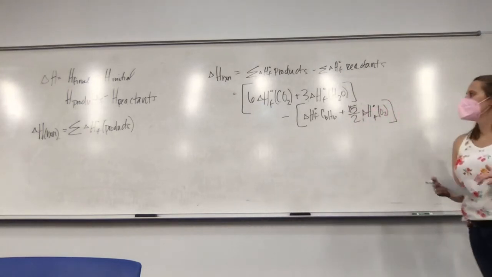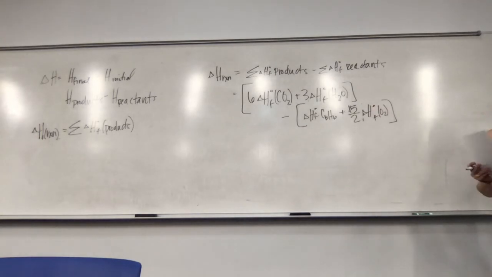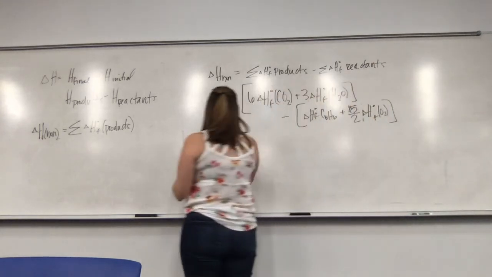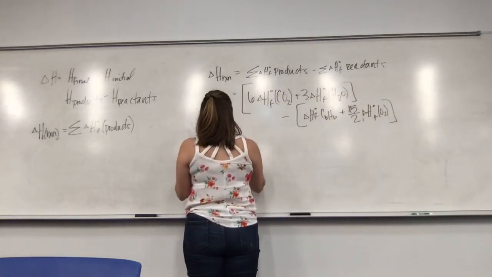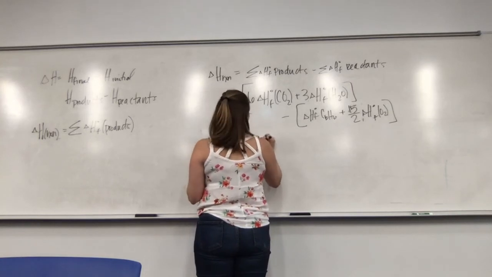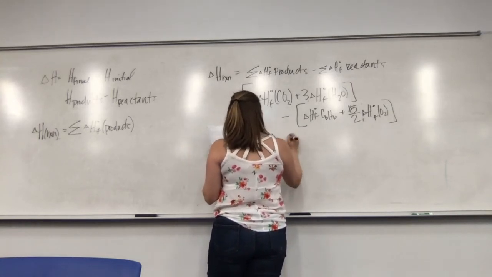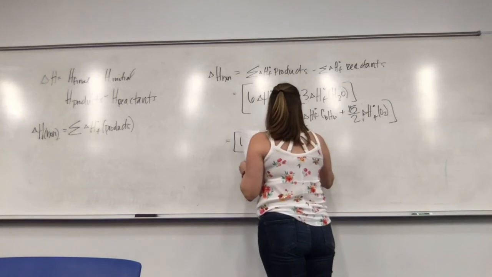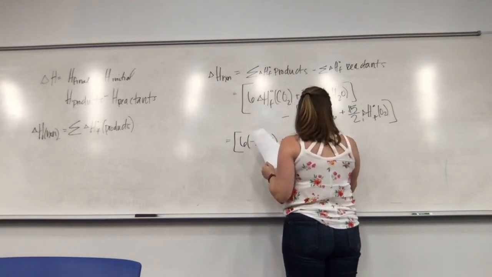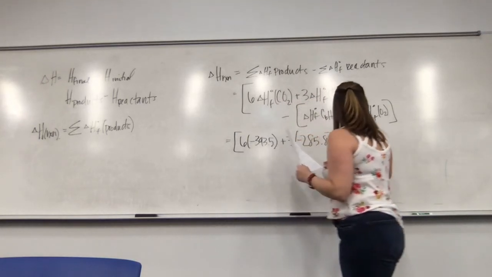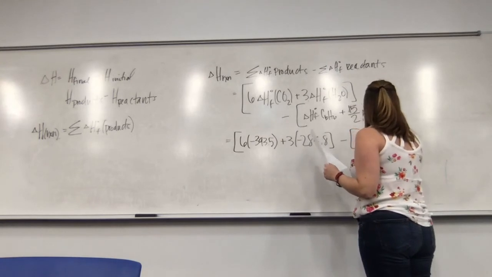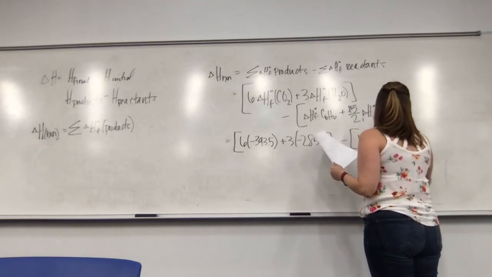Now, we look at the table I gave you, and we start to plug in values. So we see that it's equal to 6 times negative 393.5 plus 3 times negative 285.8 minus 1 times 49 plus 15 halves.